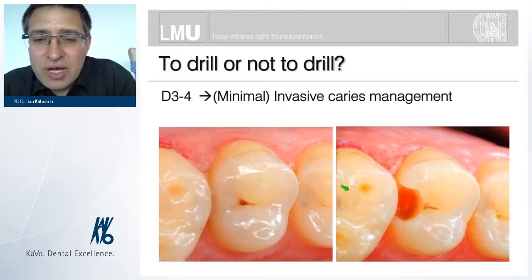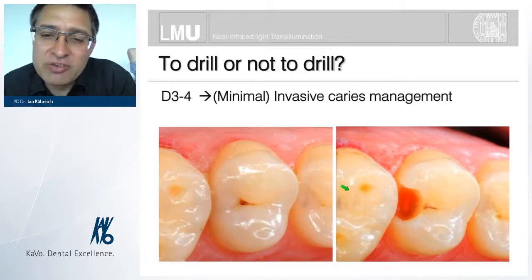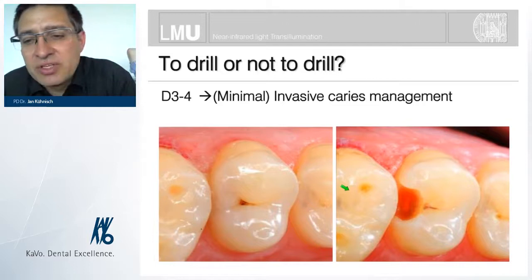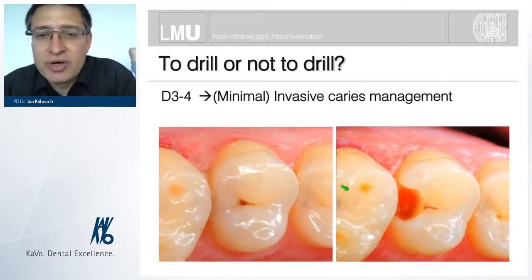And of course, deep caries lesions, what we are showing here is the bitewing radiograph and the near-infrared light image, which is showing us for this case the deep caries lesion from the diagnostic perspective.